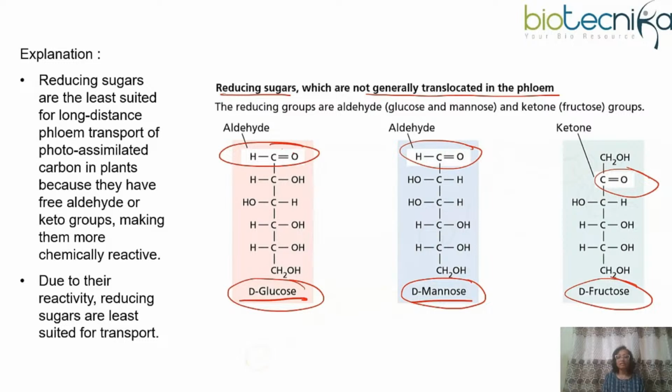It's because of these free aldehyde or ketone groups that these sugars are reducing sugars and they are reactive. They are relatively more reactive, and that's the reason why they are not transported in the phloem. So reducing sugars are not generally translocated in the phloem.